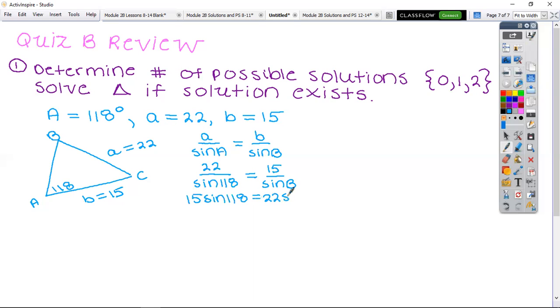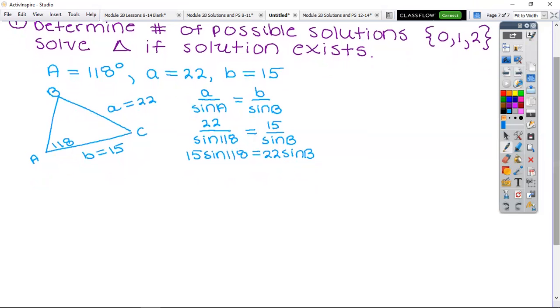So 22 sine of B. Again, keep writing this in its exact form so that you don't impact your final answer. So now I'm going to divide by 22. And if you'd like, what you can write is you're going to do second sine of whatever that decimal comes back as. Okay, so it's fine if you shortcut it like that.